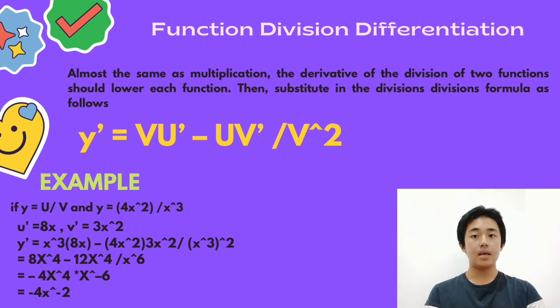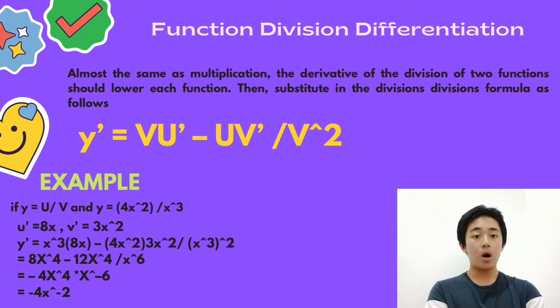So it is negative 4x to the power 4, times x to the power negative 6. Before, we had to divide by x to the power 6, but we bring it up so we can times it, and the power 6 becomes negative. So the answer is negative 4x to the power negative 2.